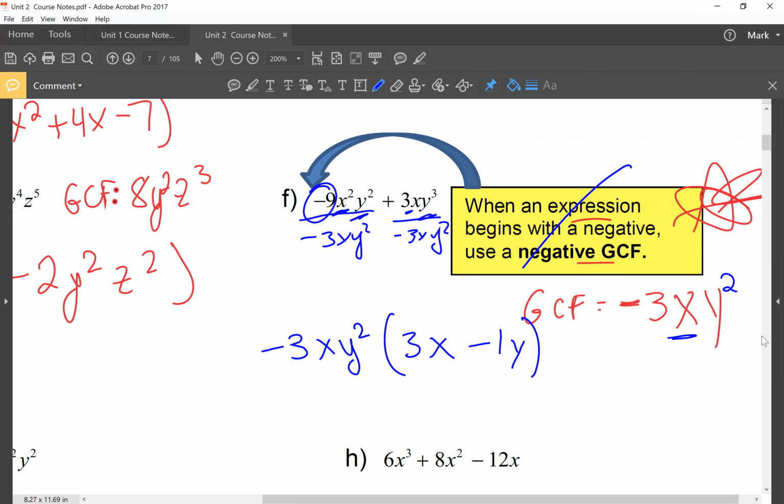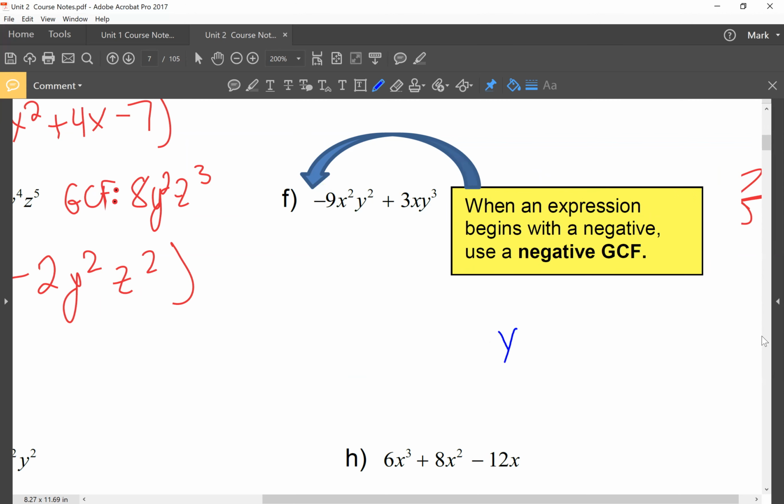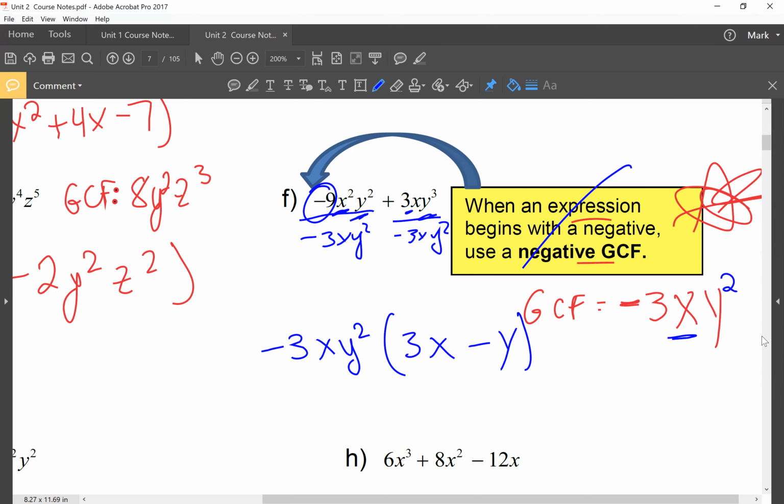Yep, that's it. So you don't need the 1. Some of you might have said just minus y. That's fine as well. In my heart of hearts, my mathy heart says you really don't need to worry about the negative. You could do this differently, but this is what the book is saying.